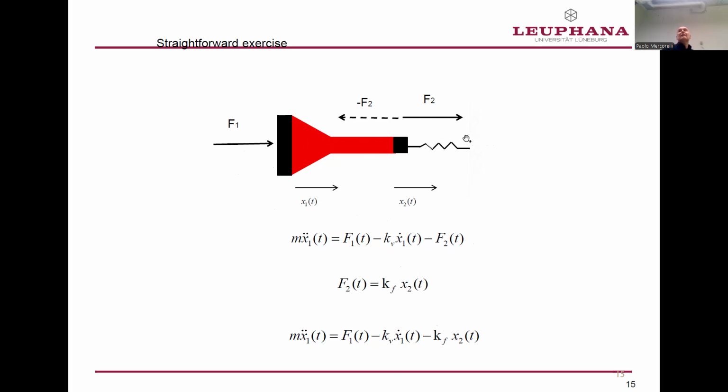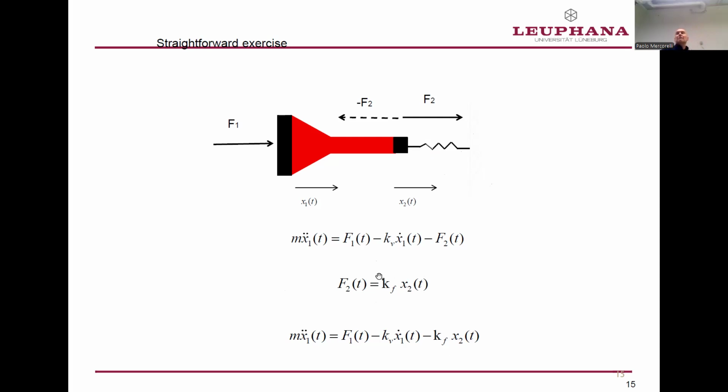Which in our case is given by, if I don't consider other components, the antagonist spring, for instance, Kf multiplied by x2, because do you remember that the spring acts proportionally with respect to the position.